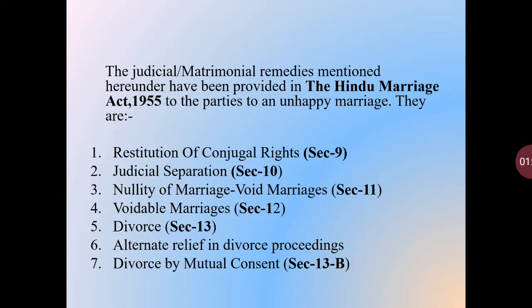It includes both void marriages and voidable marriages. That is defined from section 11 to 12. Next one is divorce, section 13. Another one is alternate relief in divorce proceedings, and the last one is divorce by mutual consent. That is defined under section 13 subclause B.